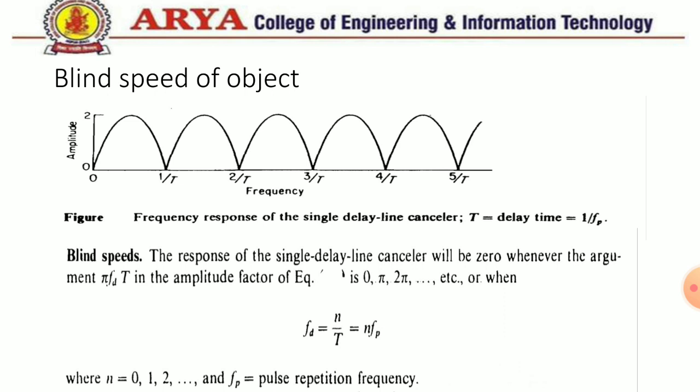If Fd is equal to n divided by T, where n is a multiple number, that is n multiplied by fp, the Doppler frequency of the object is exactly a multiple of the pulse repetition frequency.